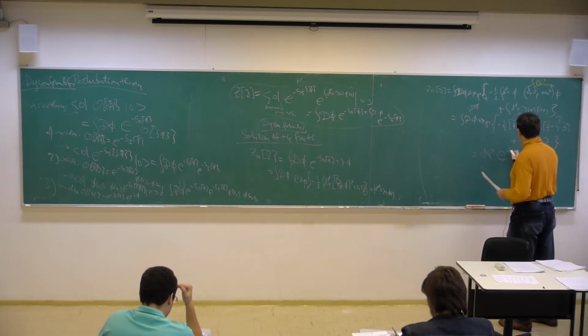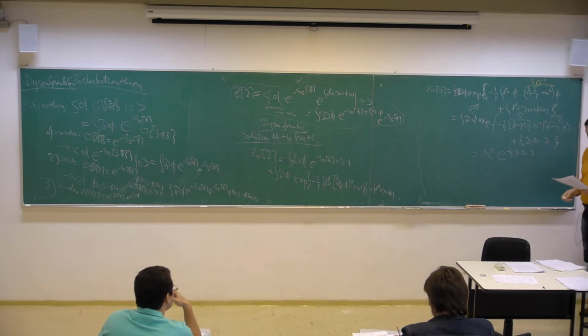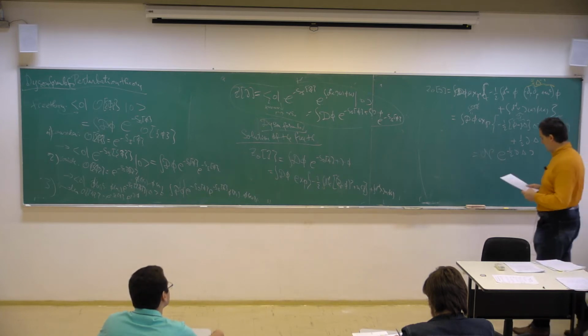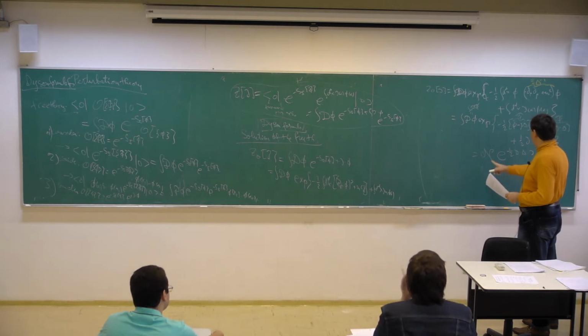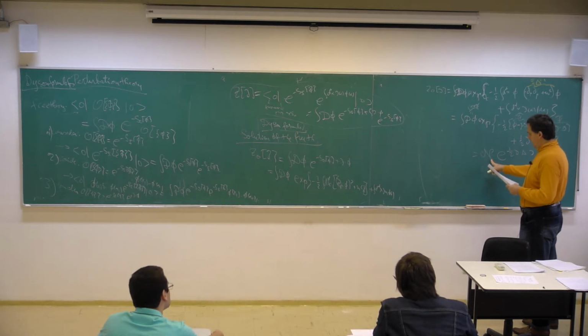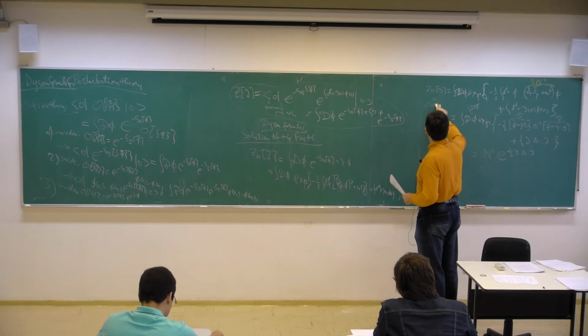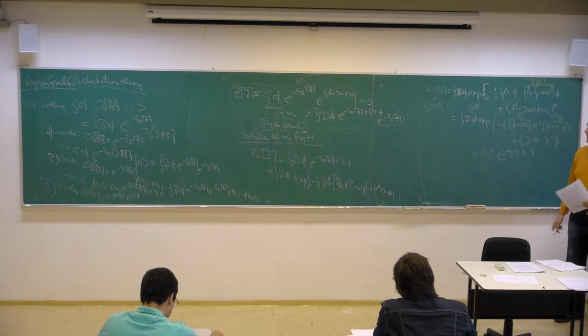And I'm left with this second term, right? And moreover, I can define this number as being the vacuum to vacuum transition amplitude in the presence of the source, at source equal to 0.